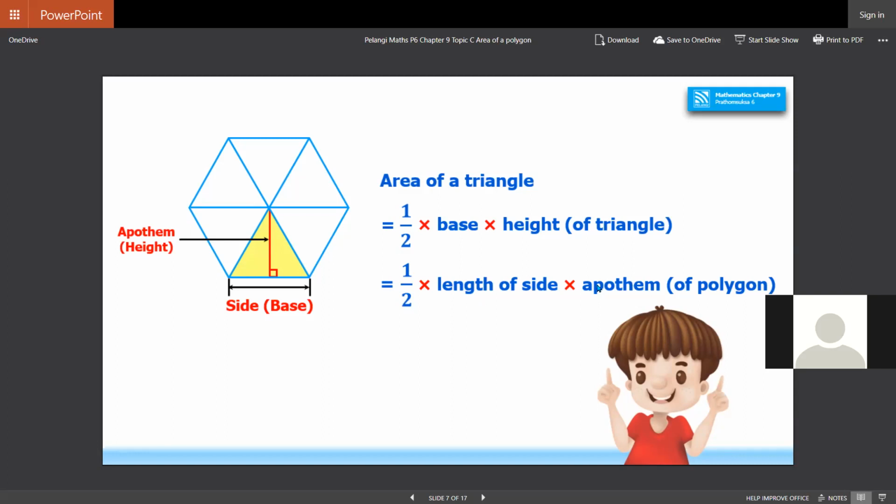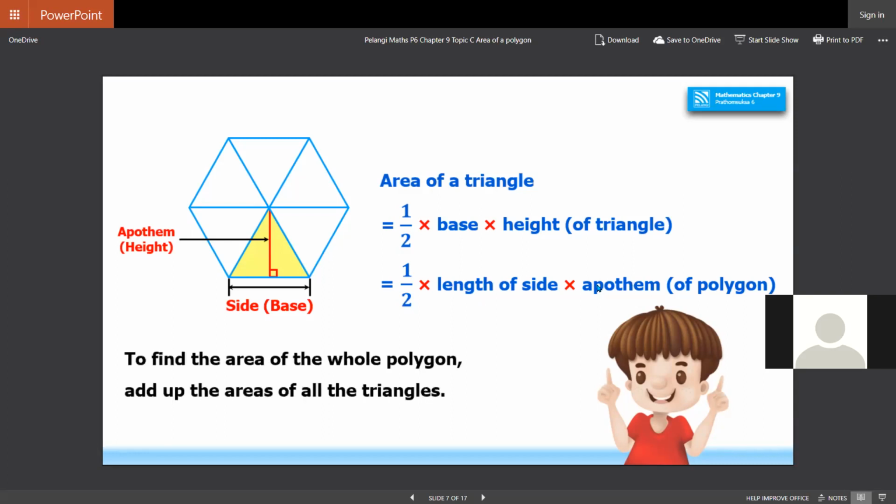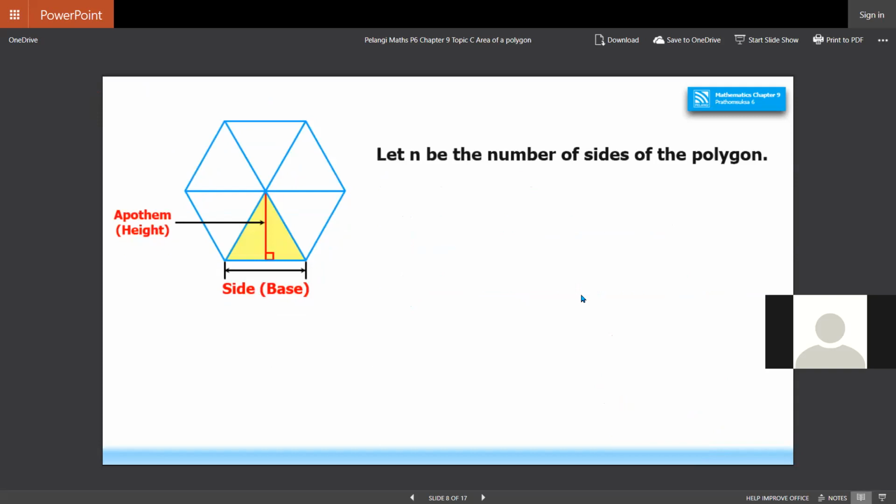To find the area of the whole polygon now, you have to multiply by the number of sides it has. This is a hexagon, so you would say 1/2 multiply length of the side multiply the apothem, just multiply by 6.